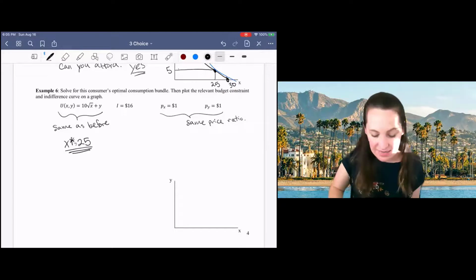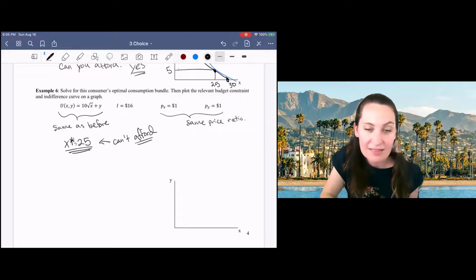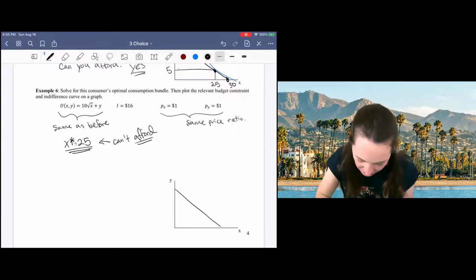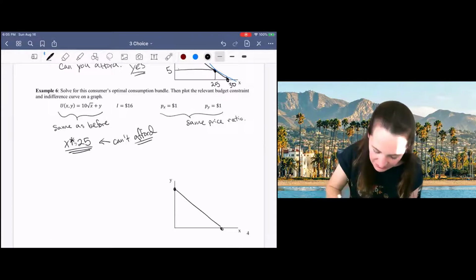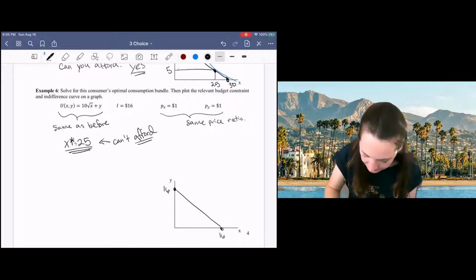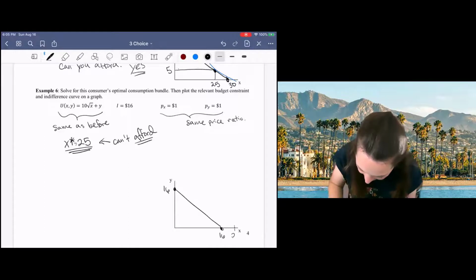But the problem is now I can't afford it, right? I can't afford this because I only have $16 and 25 units of x is going to cost $25. So what's going on here is that I have a new smaller budget constraint. Normally, the tangency would be at 25 units of x.